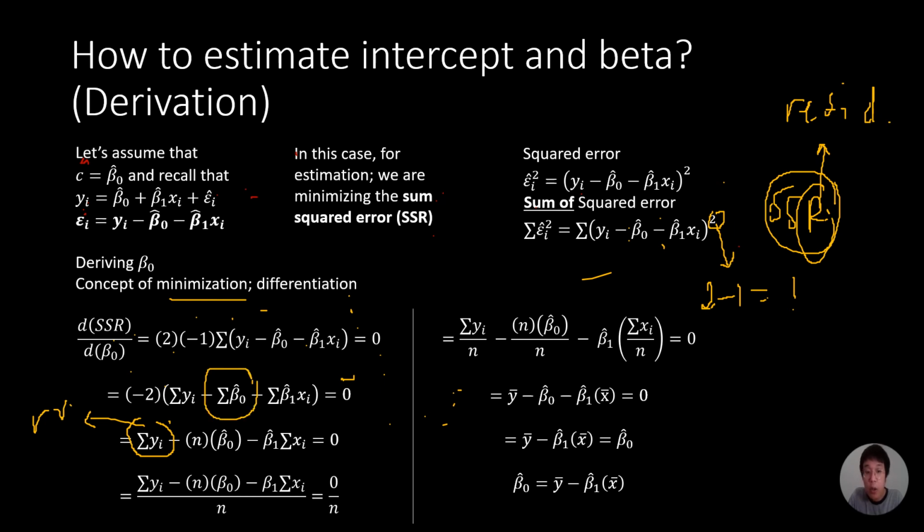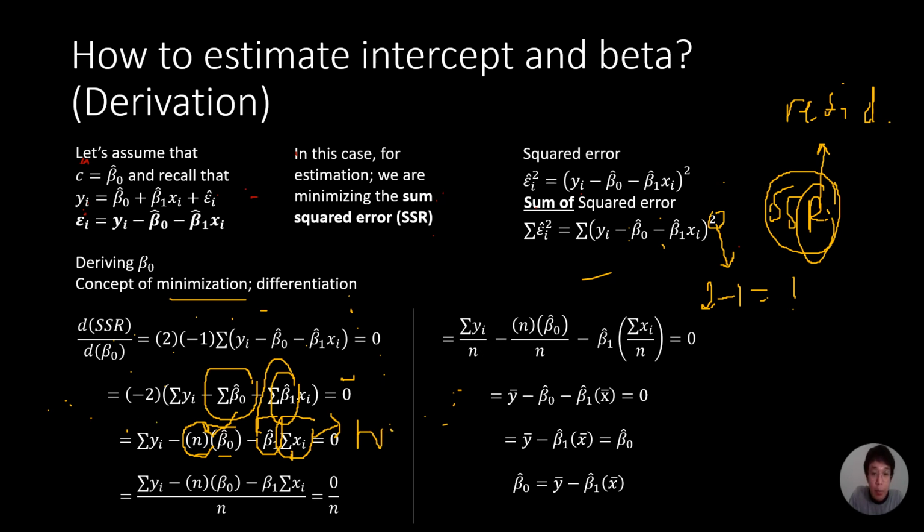This is not a random variable. So the summation of a constant can just be expressed in terms of how many times that constant will appear. So in this case, that corresponds with our sample size. So you can say that the summation of beta naught is just the sample size times the beta naught hat itself. So minus, in this case, you can put your beta hat 1 outside of the summations operator, and then this part is just the summations of xi, which is your random variable again.